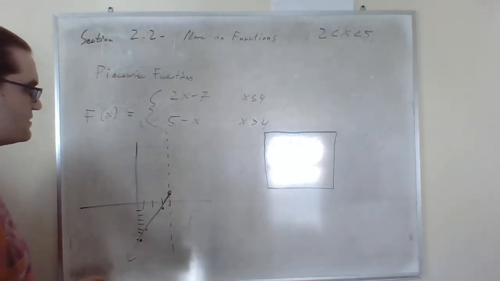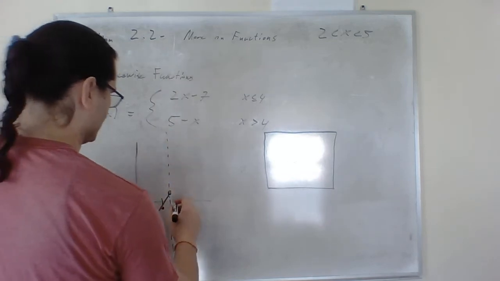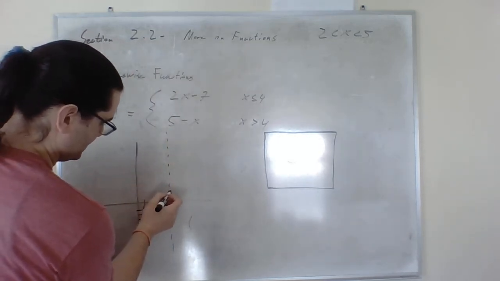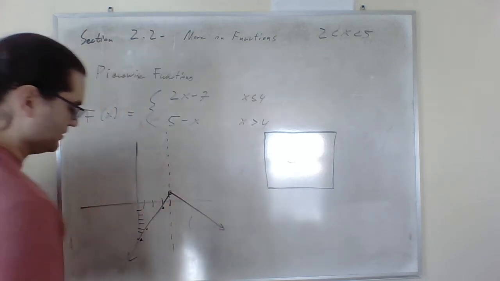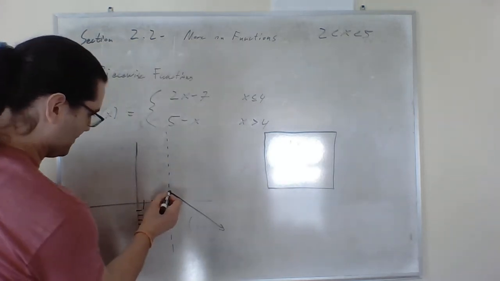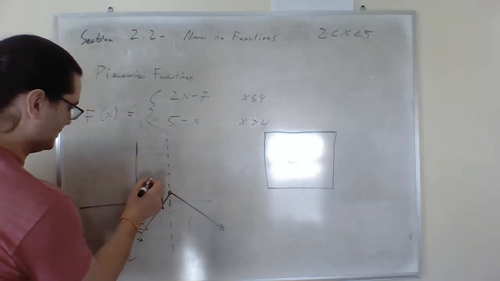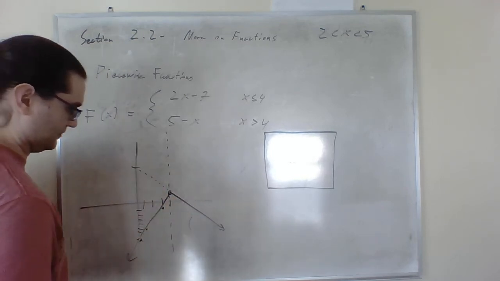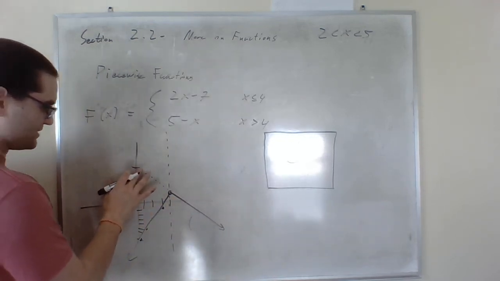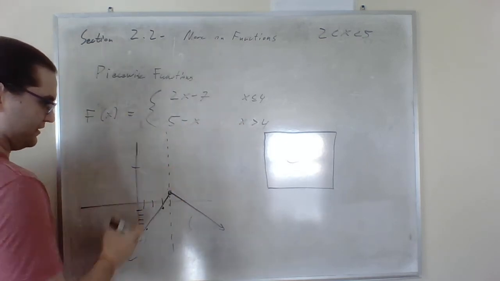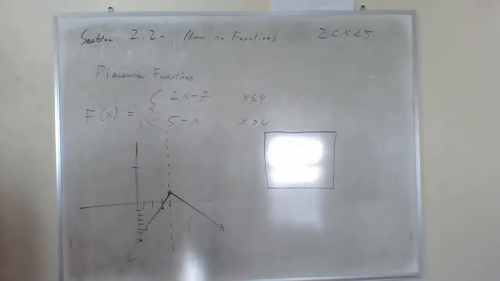To the right of this line, it is doing 5 minus x, which I think is kind of like this. So this 5 minus x would have an intercept of 5 and a slope of -1, but it doesn't actually have an intercept of 5 because it's not defined back here where the intercepts happen.